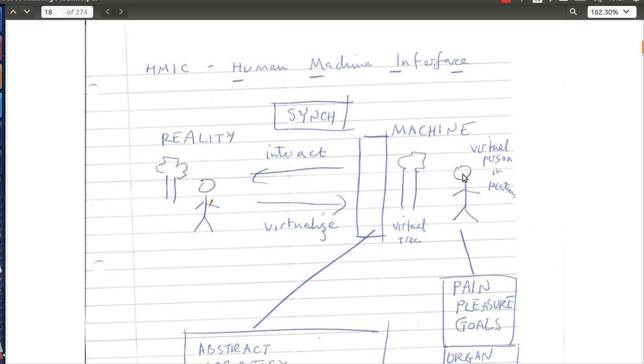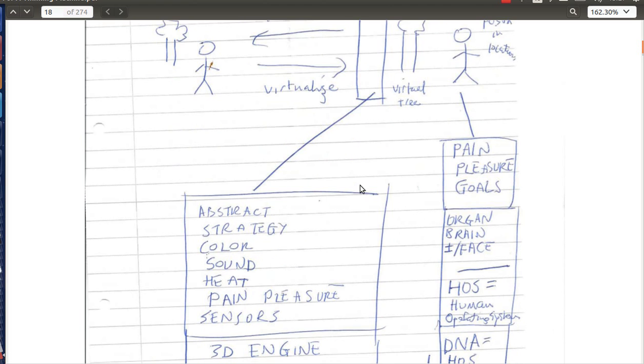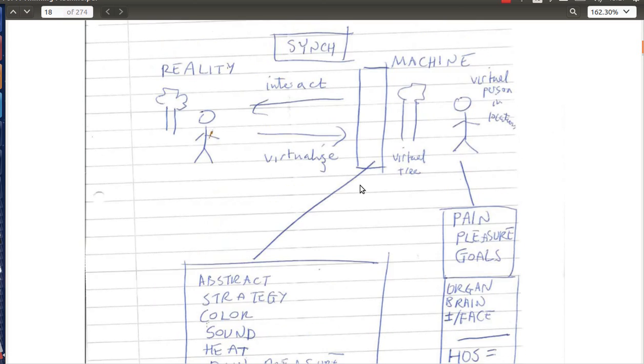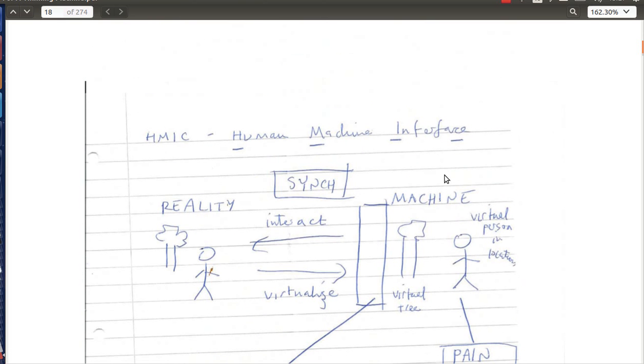And the body that one lives in takes the tree, processes it through some abstraction mechanism, through various senses, which I'll detail later. And then the virtual person, which is ourselves, can see that tree, can go and touch it, and interact with the tree, and it's basically a virtual copy of what we're seeing. But the idea of an evolved being is that those two experiences become seamless.